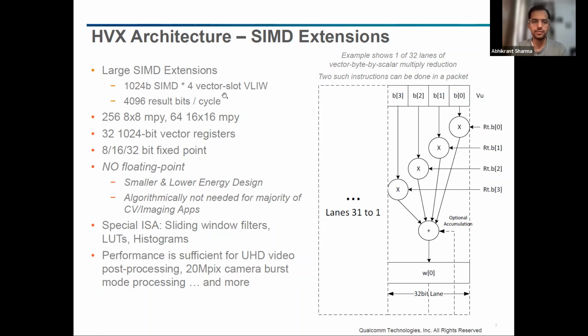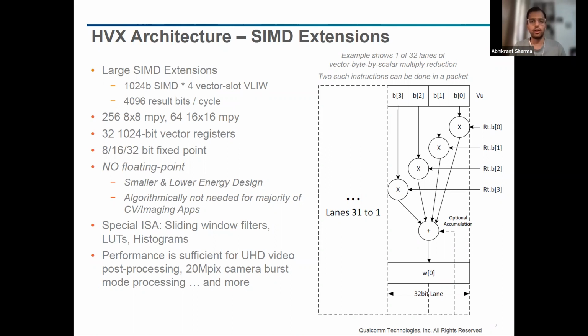So what this eventually translates to is that you can execute 4 such instructions which are doing 1024 bytes of processing in a single cycle, which basically means you are processing 4096 bits of data in a single cycle, which is a significantly higher amount of data. And this is one of the reasons why HVX is preferred for image processing kind of algorithms, because as you know, images these days are growing in resolution.